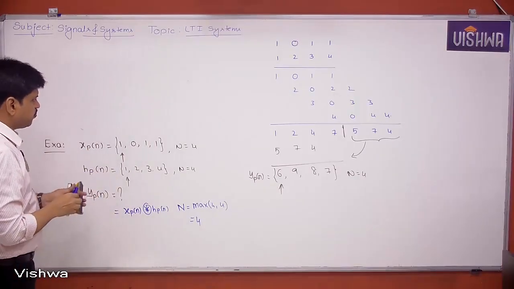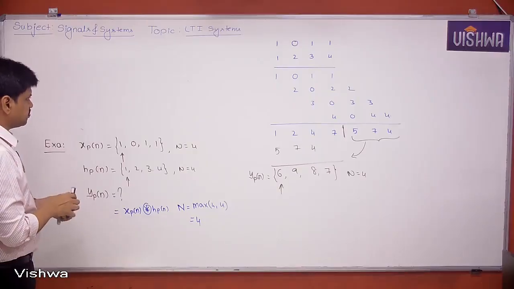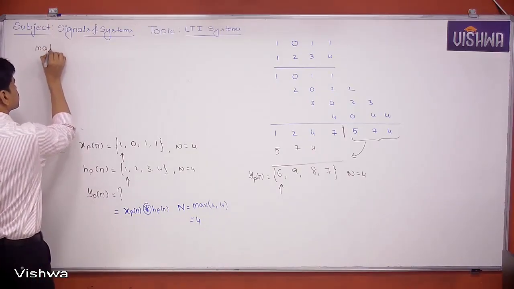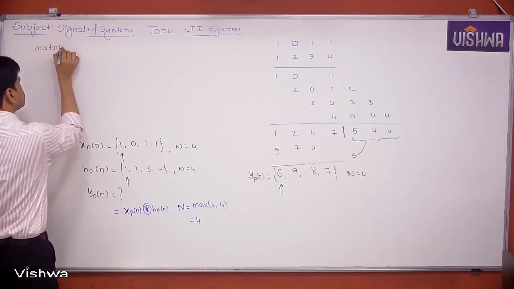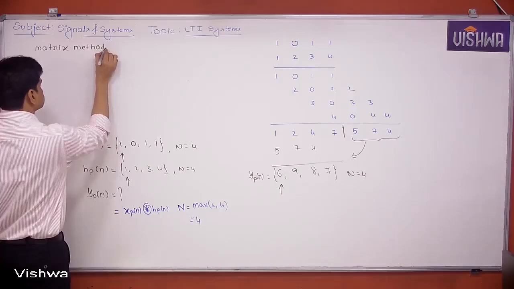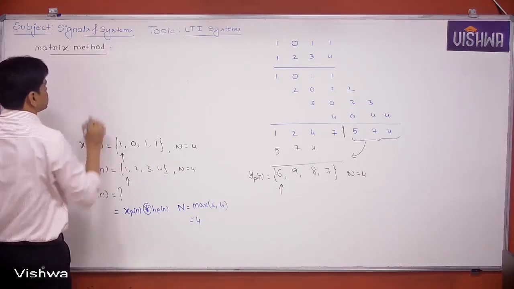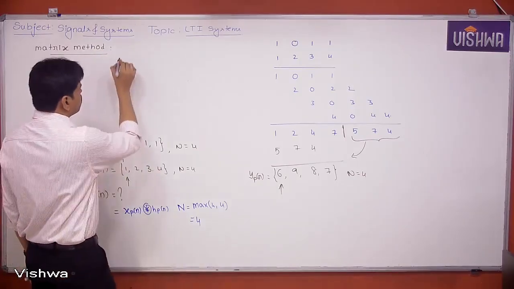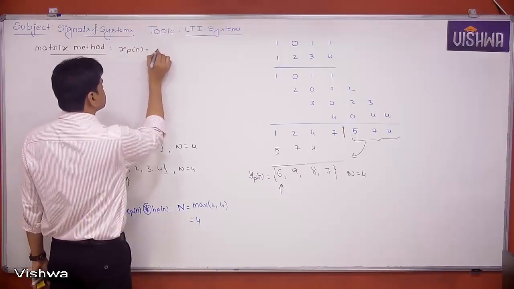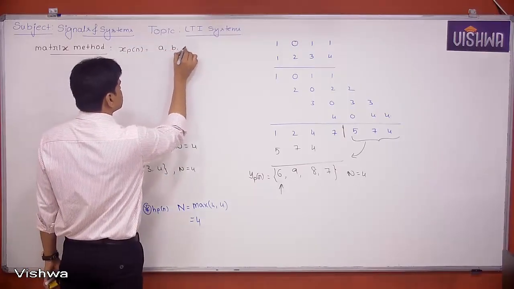Try to see the matrix method. Suppose we have xp of n as a, b, c, d.